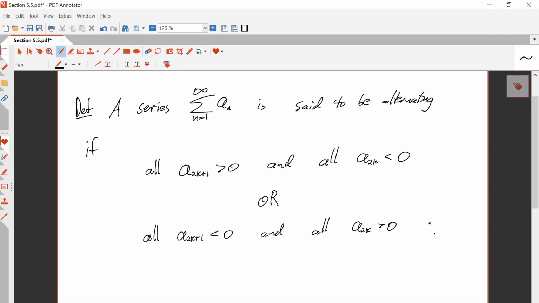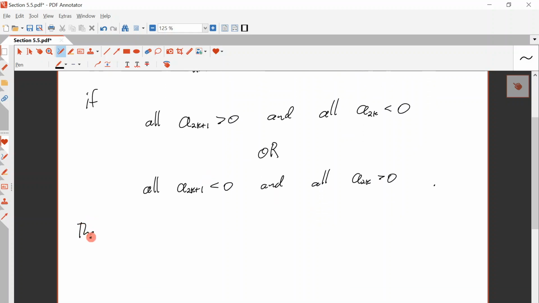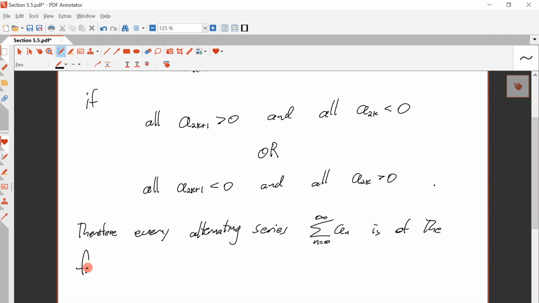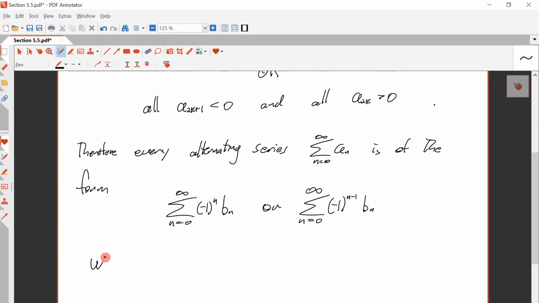Okay. Therefore, every alternating series, sum n equals 0 to infinity or 1 to infinity, is of the form sum n equals 0 to infinity of (-1)^n b_n, or sum n equals 0 to infinity of (-1)^(n-1) b_n, where b_n is positive for all n.